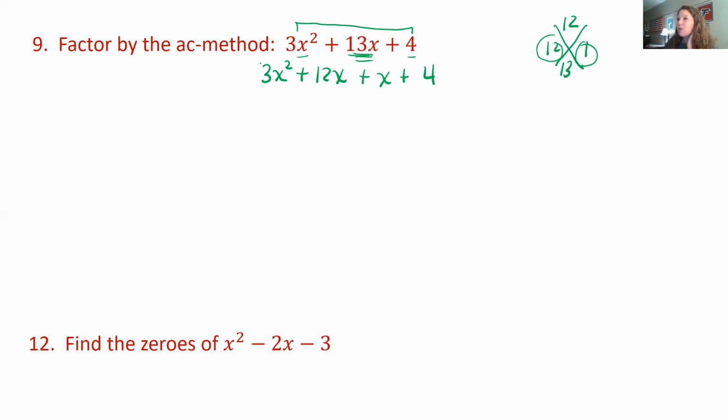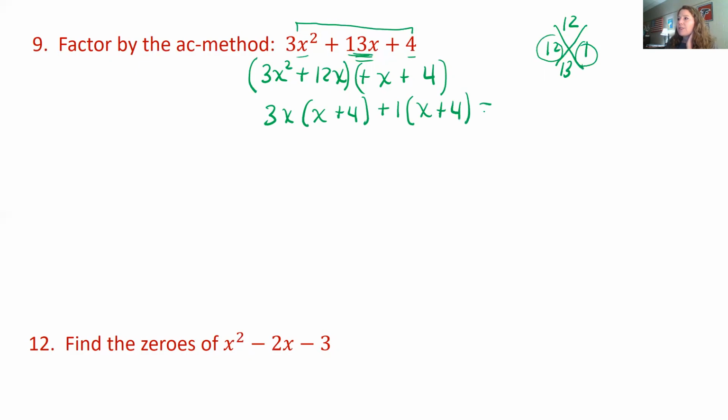So now, since I have 4 terms, I'm going to factor by grouping again. What could I pull out of this? Both of these, I could divide out a 3x. 3x squared divided by 3x is x. 12x divided by 3x is 4. And then, don't these already match? But I still have to show that I'm factoring out a 1.